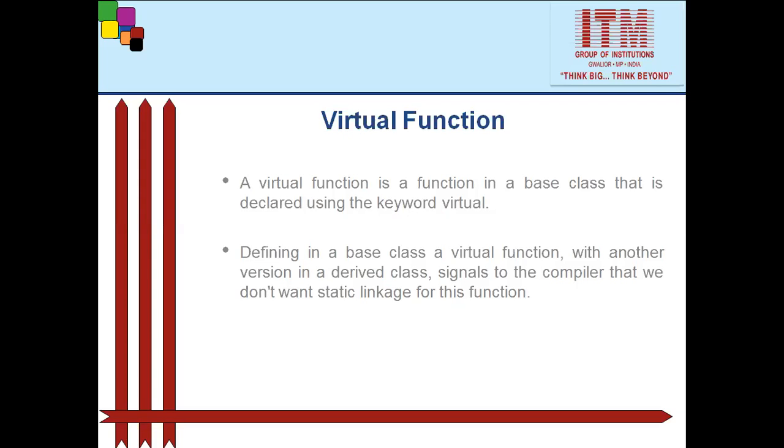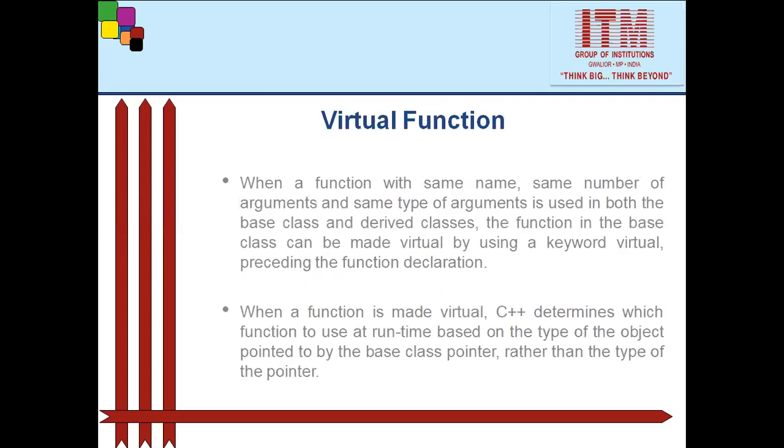So here, when both the classes use the same name for the function, how will the compiler determine which function it has to use at runtime? This is done on the basis of the type of object which is pointed to by the pointer of the base class. In function overloading, we studied that more than one function shares the same name, but either their type of arguments or their number of arguments was different, and because of this difference the compiler was able to identify which function to execute at compile time itself.